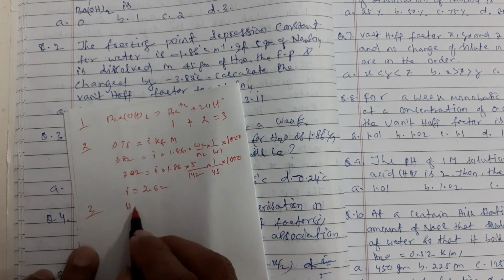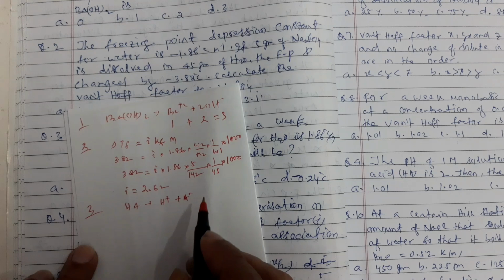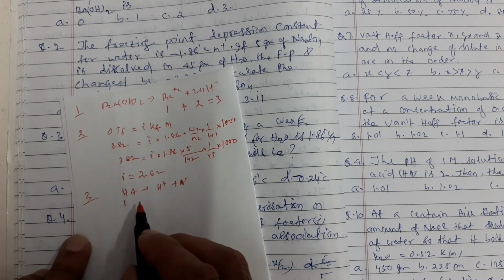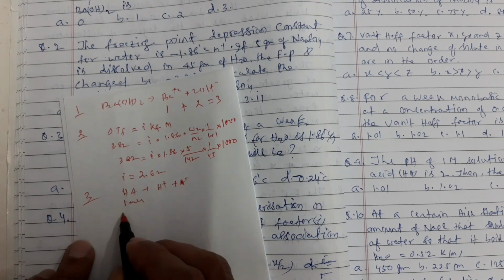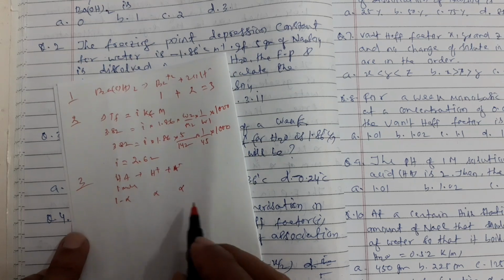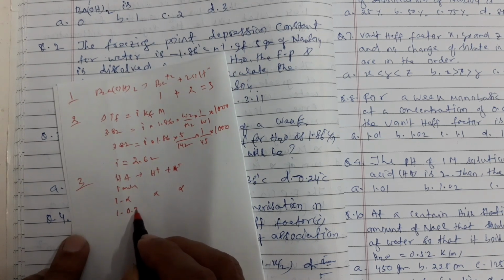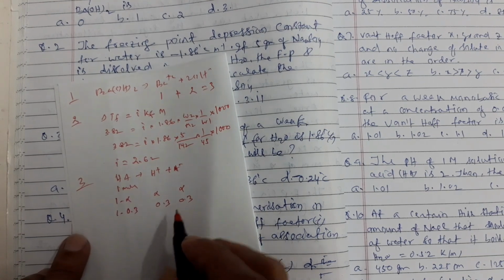Weak acid HA dissociates as H plus and A minus, and it is 30% ionized. Initially 1 mole is taken; after some time 1 minus alpha changes to alpha and alpha. Here alpha is 30% dissociation, that is 0.3, and this is 0.3 and this is also 0.3.